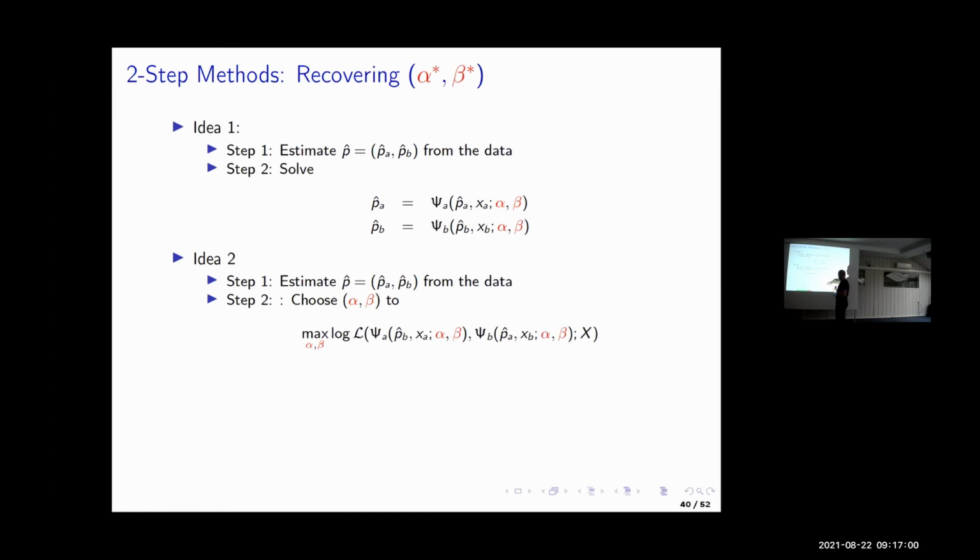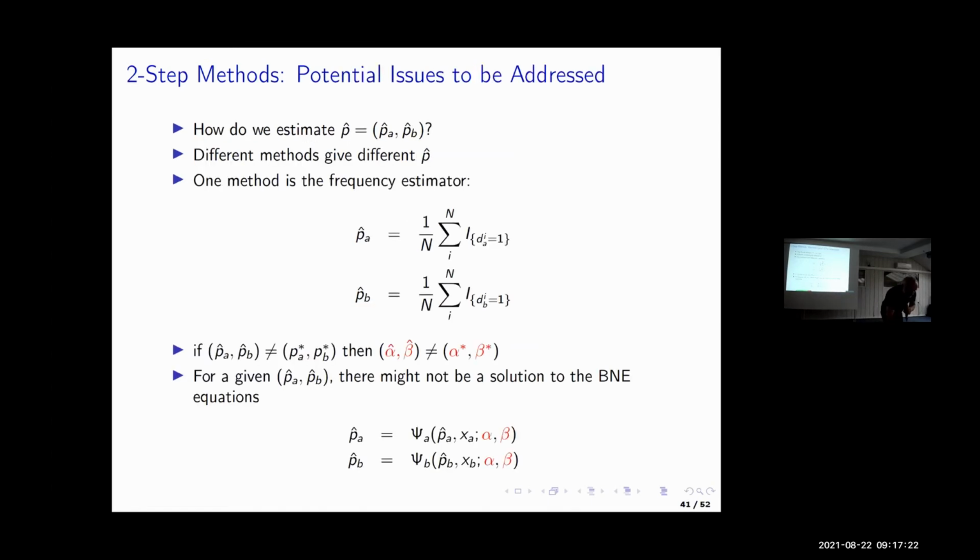This is PA, or PB, the PA implied by the best responses, holding fixed those choice probabilities that we estimated constant, and then for the parameters, we just find those that fit best with the data. And then we can estimate those by, say, a simple frequency estimator in this case.